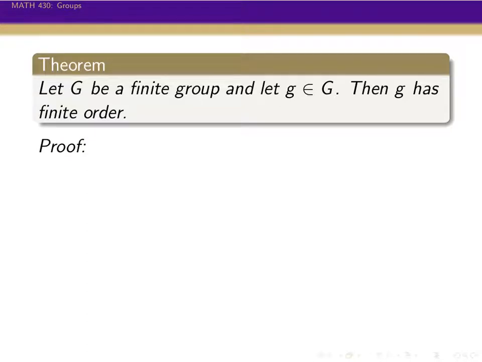Okay, so why is this true? And so this proof really relies on the pigeonhole principle. So let's just start off with, we have some g in G, and we're just going to start listing out all the powers we can get, going on forever.